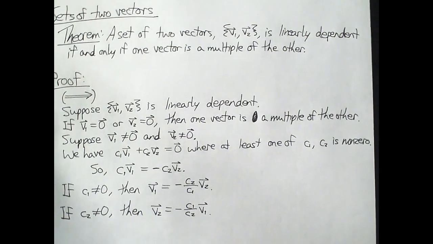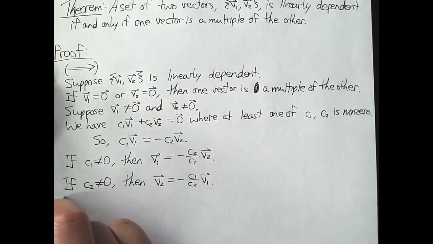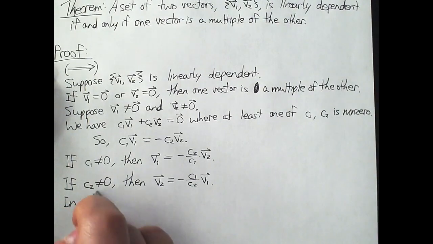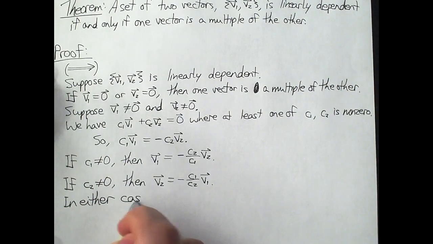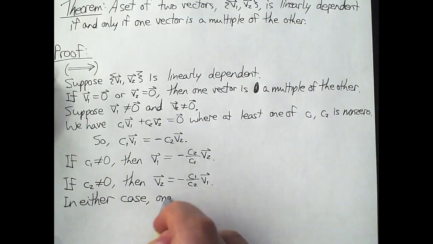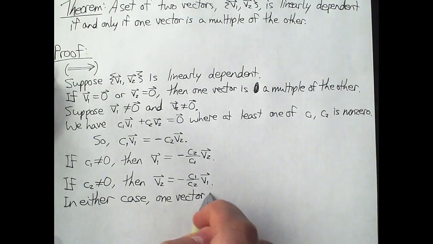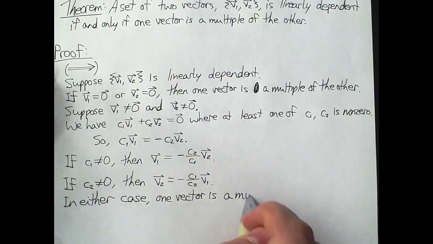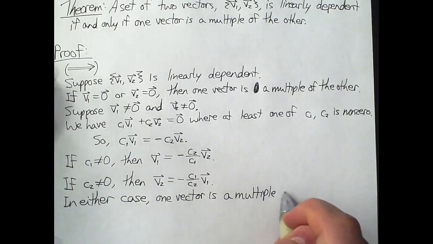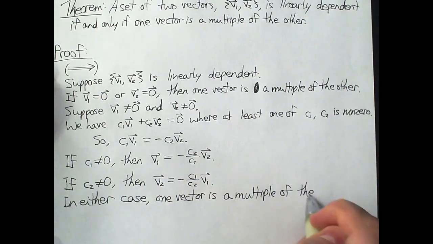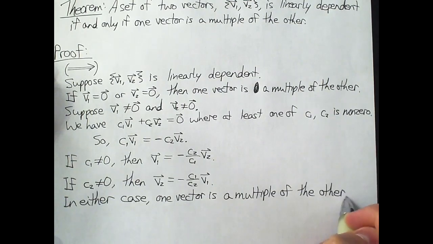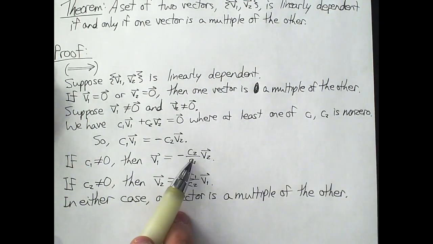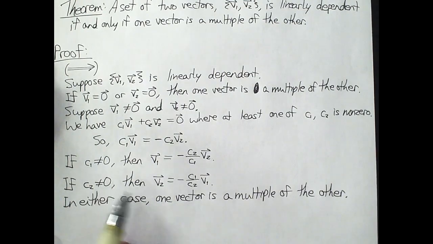Do you see what I've done here? In either case, one vector is a multiple of the other. We wrote it that way. V1 is a constant times V2, or V2 is a constant times V1.